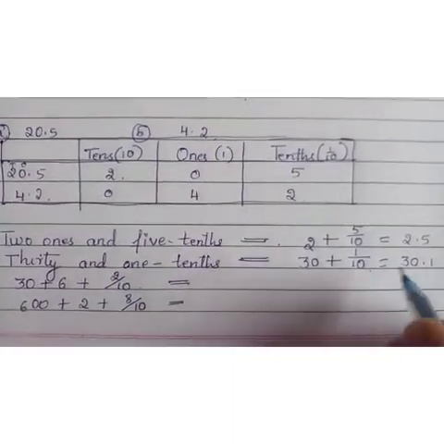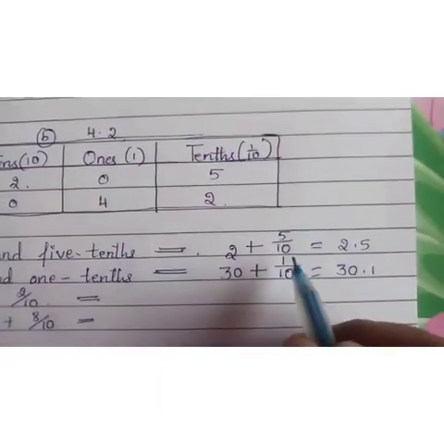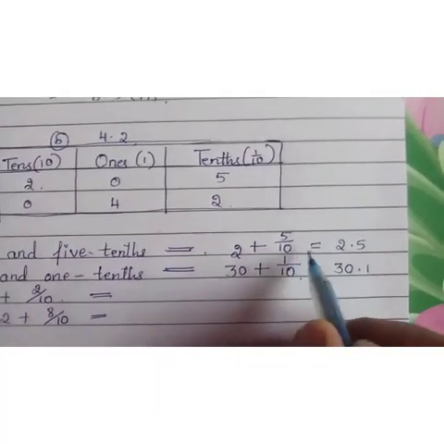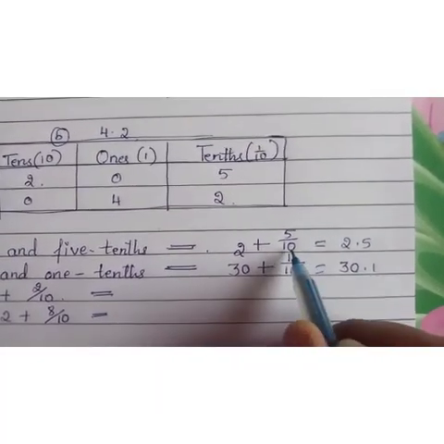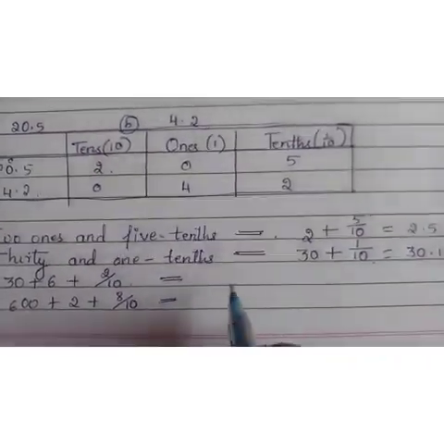This 10 indicates that after one number there will be a decimal point. Similarly here, the numbers are 2 and 5. And where will you place the decimal point? After one digit you have to place the decimal point.